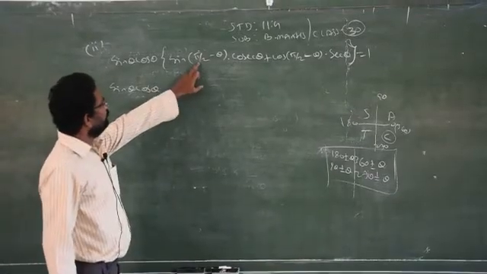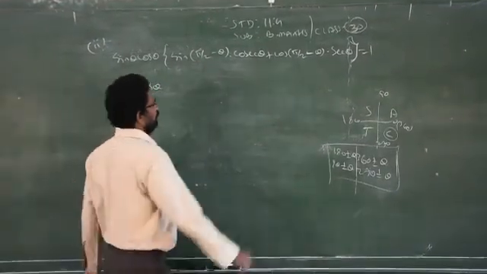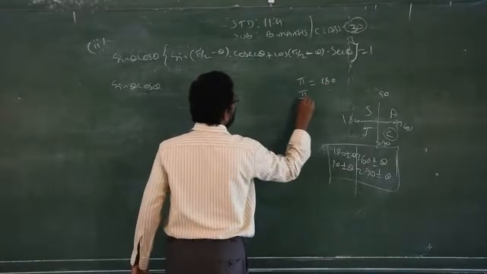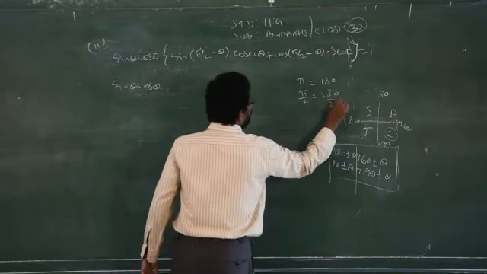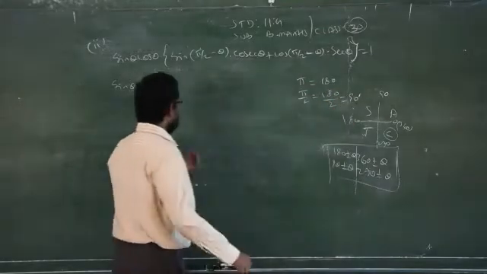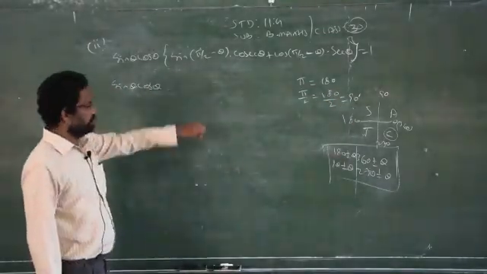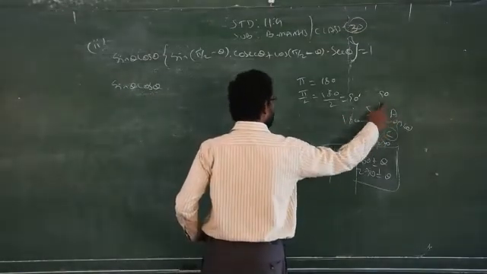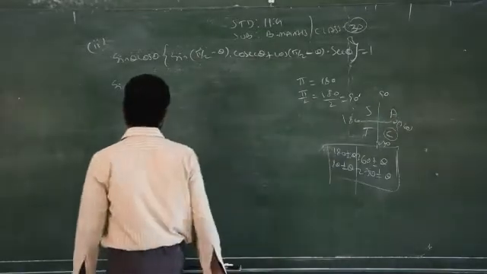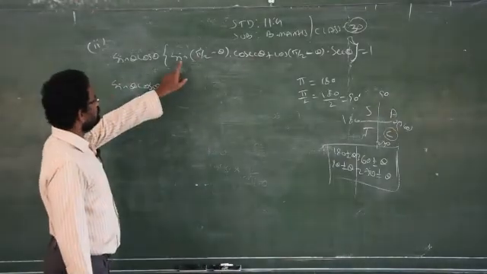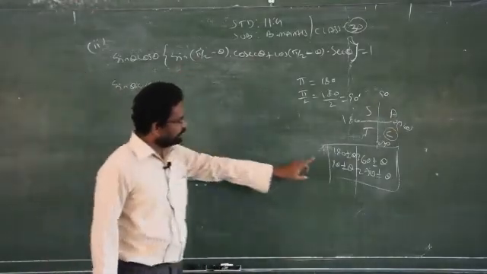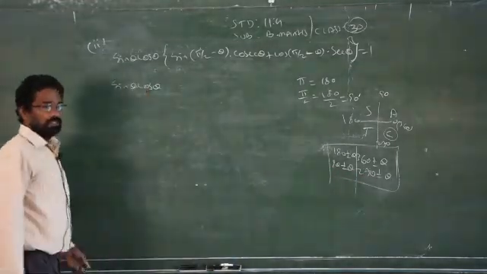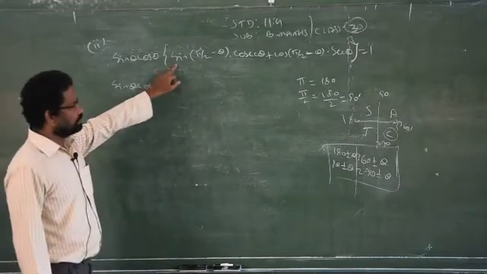Now, sin pi by 2 is nothing but what? Pi stands for 180, so pi by 2 is 180 by 2, which is how much degree? 90 degree. So sin(90 minus theta). 90 minus theta falls in the first quadrant, all are positive, so no change in the sign, but there is a change in the ratio, because I told you already that for 90 plus or minus and 270 plus or minus, there will be changes in both ratio as well as sign.